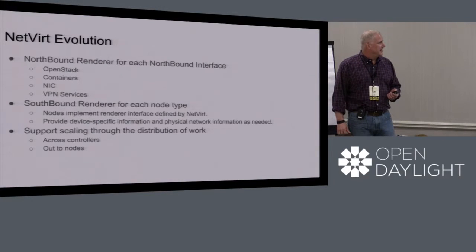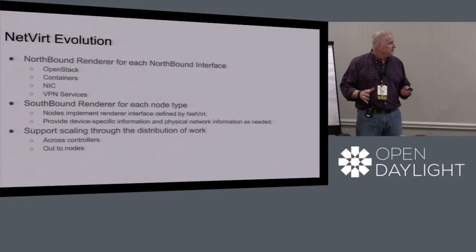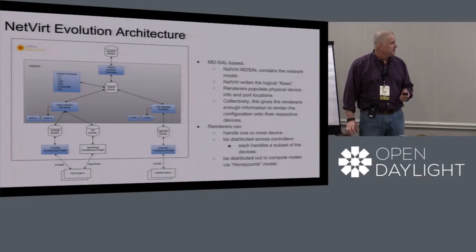So I think I got ahead of myself a little bit, but what we're moving towards is a core piece of functionality, a centralized model, and different renderers for the different types of northbound interfaces and the southbound devices.